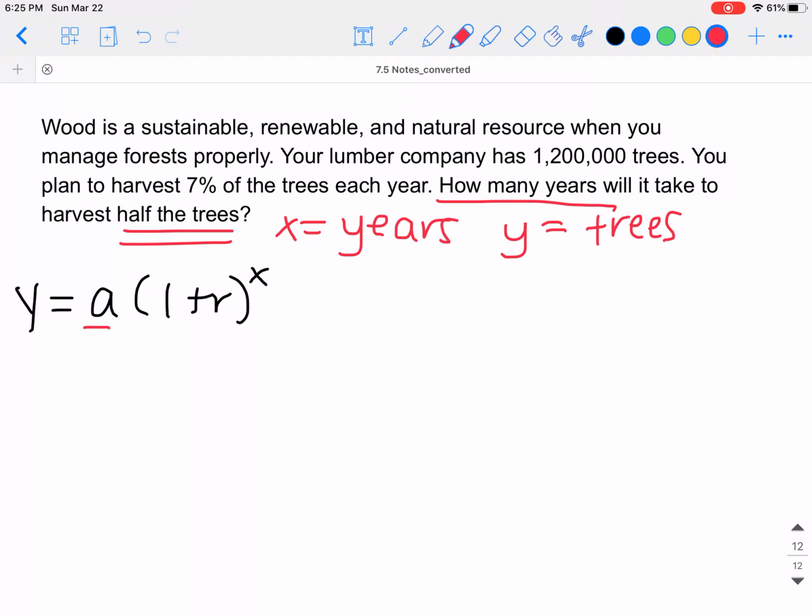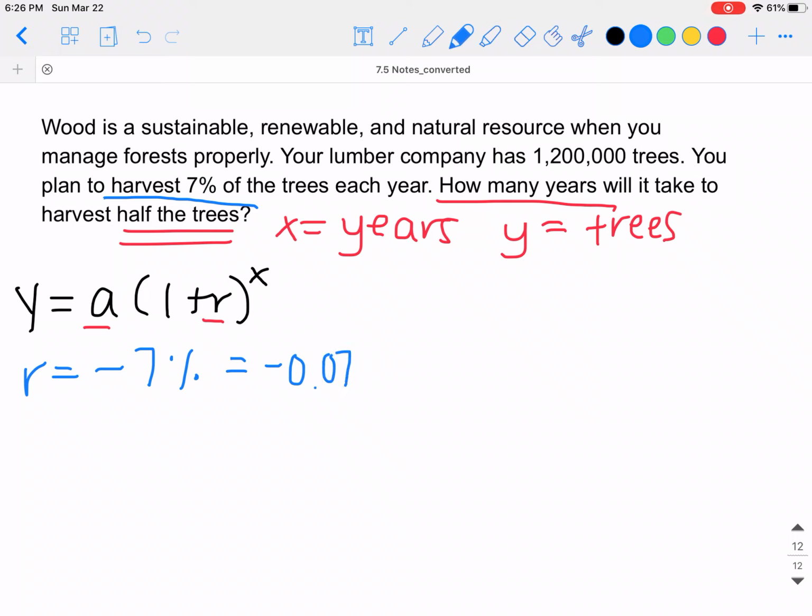Remember, a is our initial number of trees. r is going to be the rate of change. We know our rate of change from the problem is 7%. If we're harvesting 7% of the trees each year, that means we're taking 7% of the trees out of our forest. So our r value is going to be minus 7% because we're taking out 7%. Written as a decimal, that's negative 0.07.